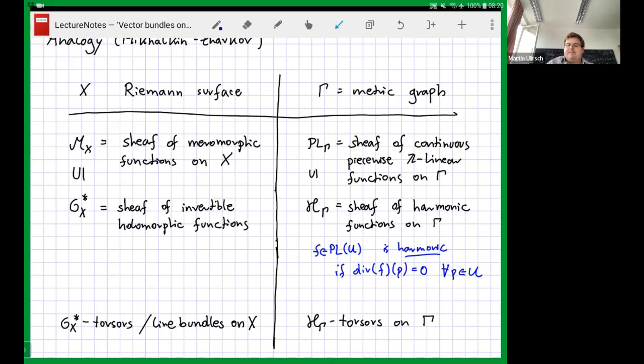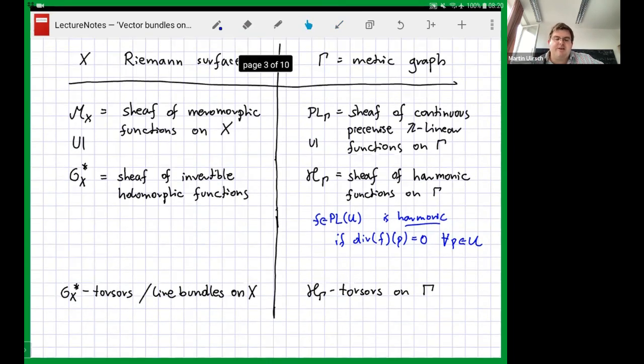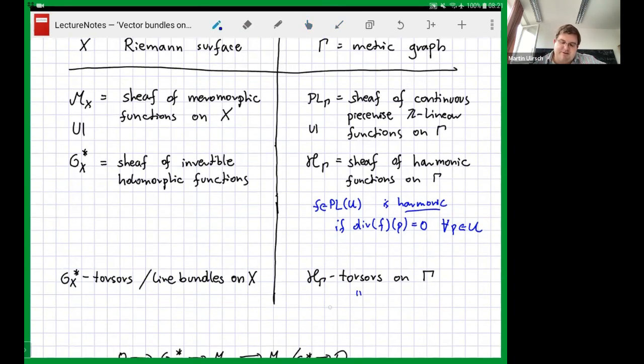But thinking about torsors over suitable sheaves of groups is less problematic. So our perspective is strictly that of looking at principal bundles on X rather than vector bundles as an inherent object. As I said, we can just use these H gamma torsors and define them to be our line bundles on gamma.